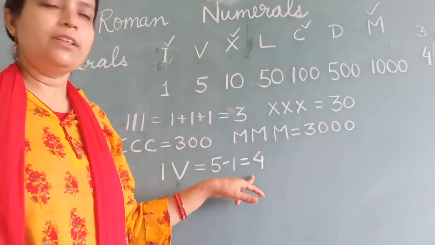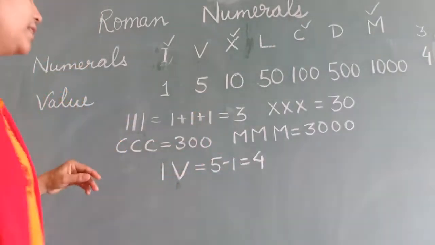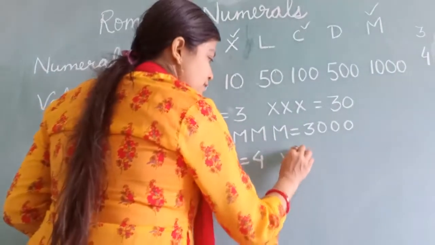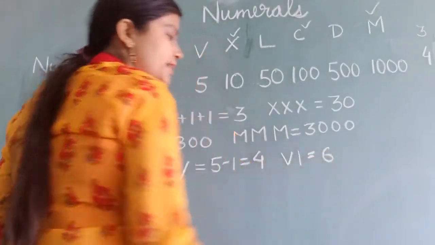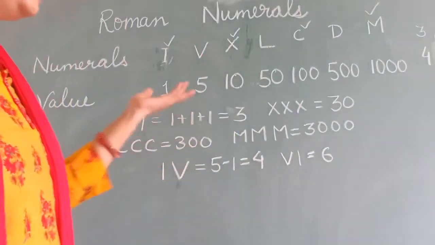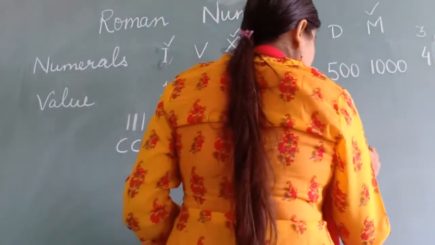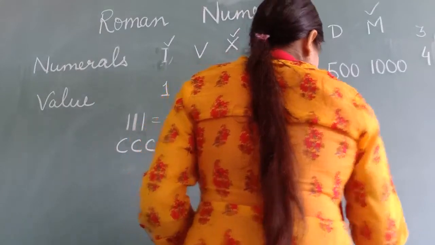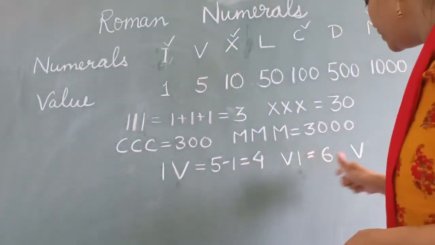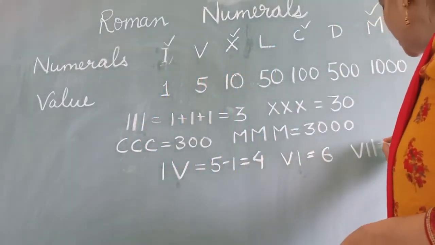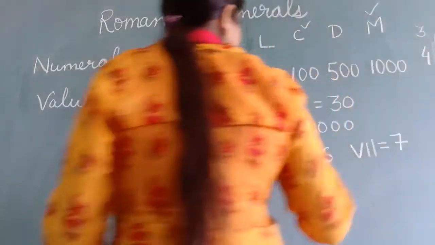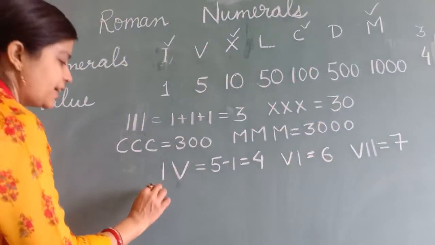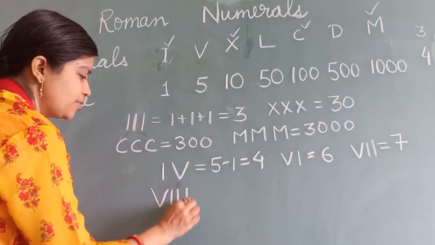You want to write 6, then you will add it. It is 6, 5 plus 1, okay? Then when you have to write 7, you will add 2 times. Here only 1 I, then here is 2 I, so it will be 7. And then you want to write 8, you will write I 3 times, 1, 2, 3. That will be 8.